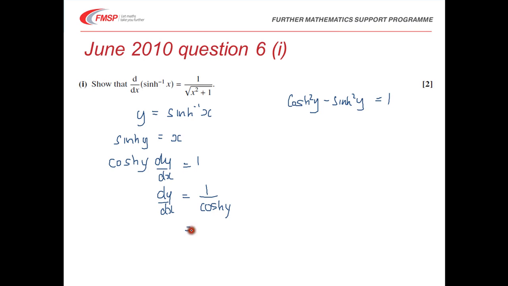So this is going to be 1 over the square root of 1 plus x squared, or x squared plus 1. So just 2 marks for that question. There was 1 method mark for rearranging and differentiating, and an accuracy mark for substituting in at the end.